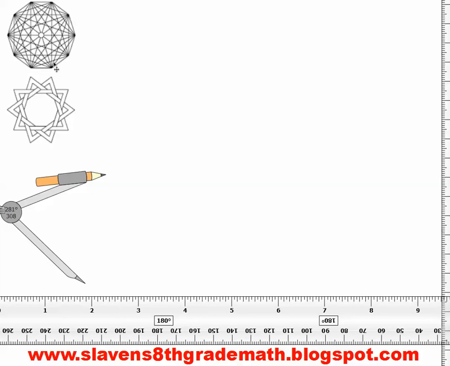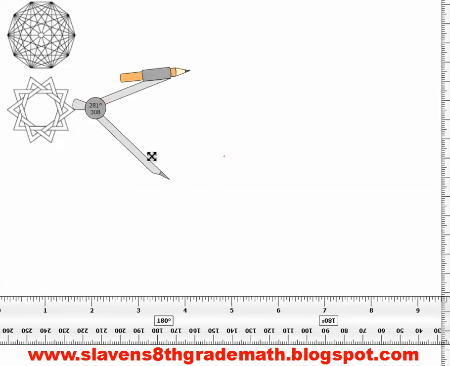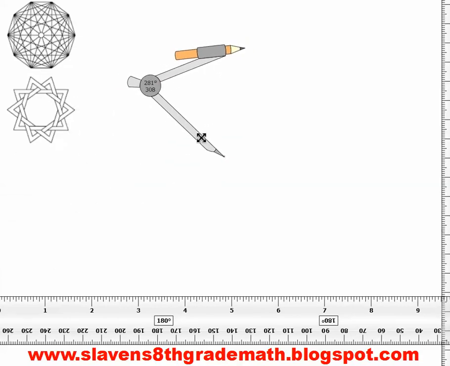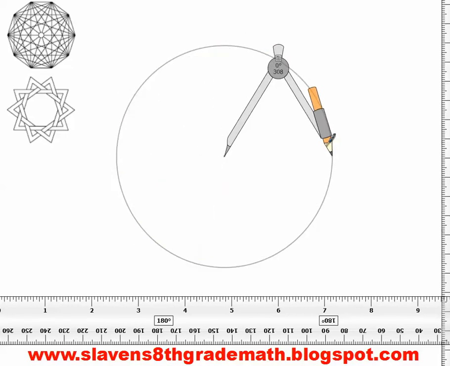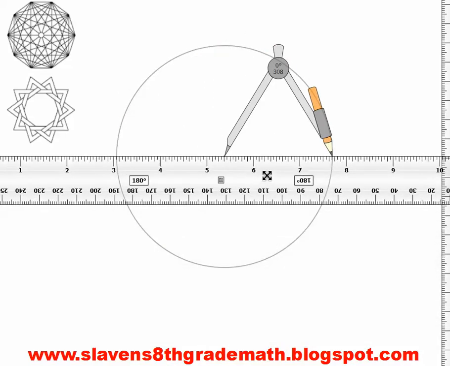All right, so you're going to start the same way you normally start, with a center point and a circle. Now, we've learned in the 5-point constructions that you are probably better off making a circle that is not overly huge. Then you're going to draw your diameter.